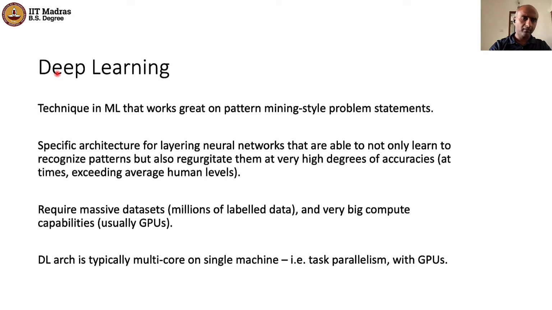So, examples of this are the ability to look at an image and say what it is, the ability to reproduce design by looking at a collection of images and generalizing from there, the ability to read text and understand what the patterns are, to be able to summarize vast bodies of textual data into succinct summaries which are very easy to understand, etc. So there's so many applications, so many ways in which such architectures have been proven to be better than most humans in terms of their ability to recognize patterns and play it back.